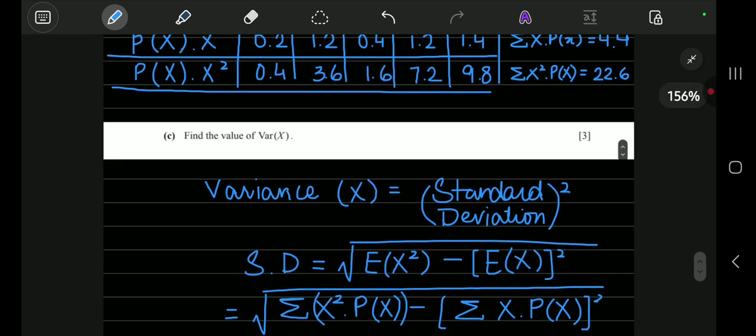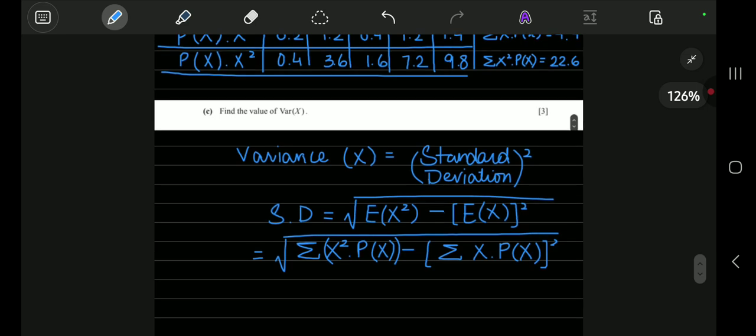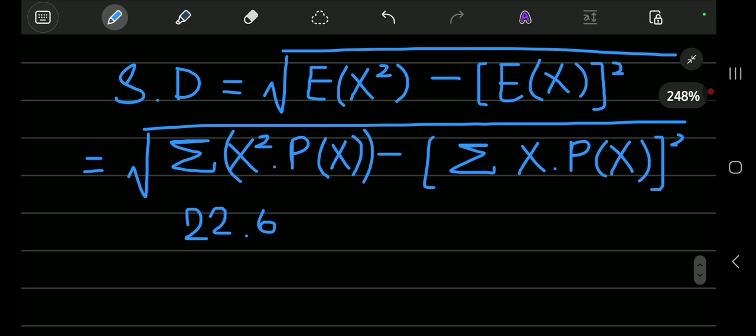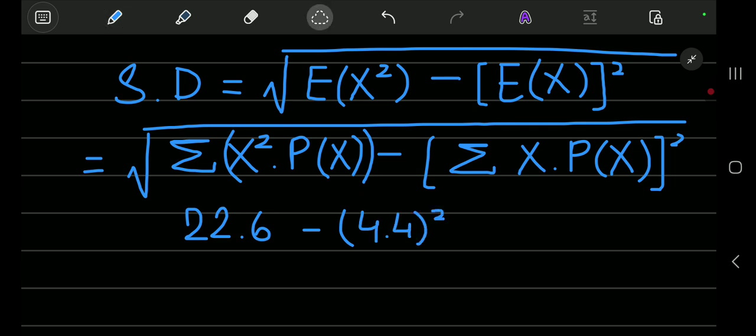Okay, so let's substitute in the values. The x square dot p of x value is 22.6, and the x dot p of x value is 4.4, under the root.